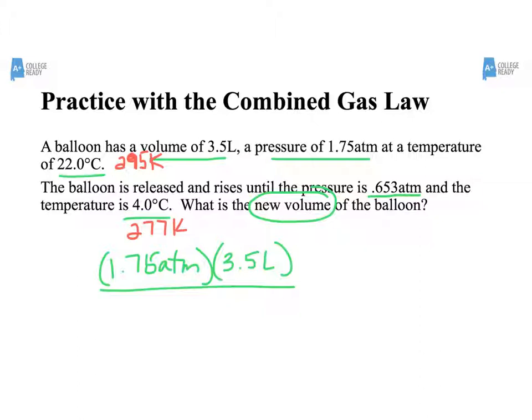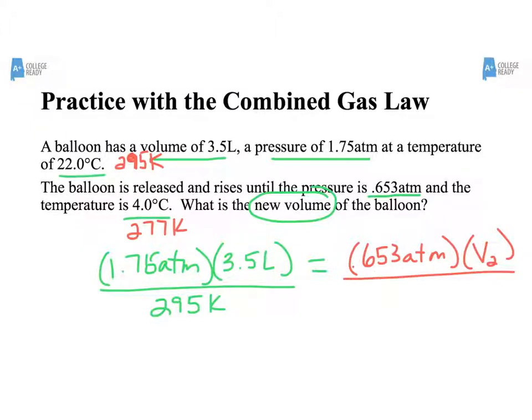And our initial temperature is 295 Kelvin. And that's going to equal the new situation. So the new pressure is 0.653 ATM times the new volume, which we don't know, divided by the new temperature, which is 277 Kelvin.